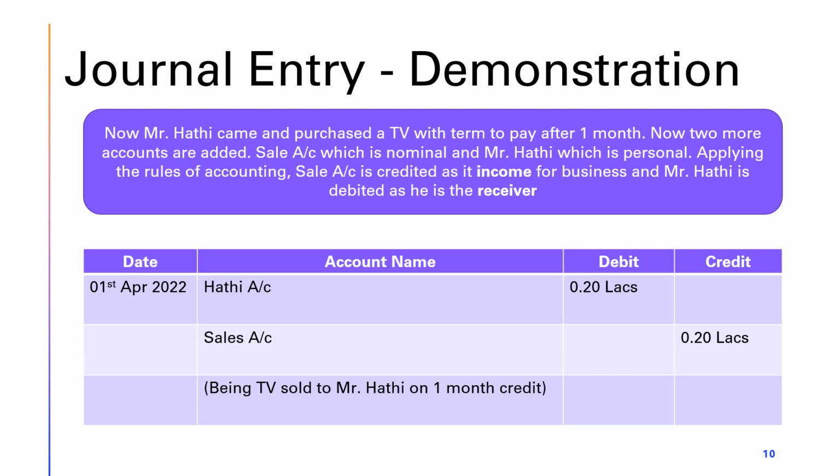And the other account is Mr. Hathi's account, which is a personal account, again because Mr. Hathi is physically present. Now to apply the rule of accounting, Mr. Hathi is debited as he is taking something from the business and sale is credited as it is recording the income.